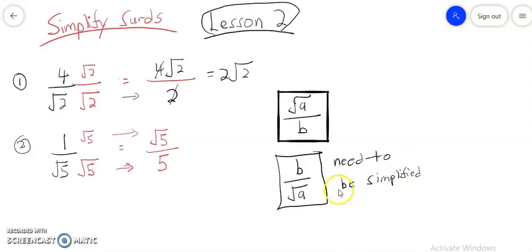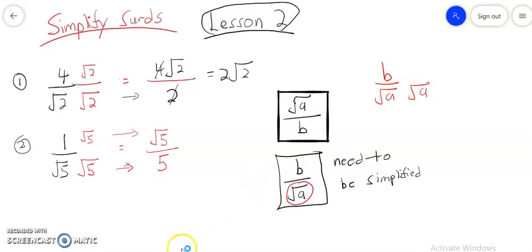Now how do we simplify this? Just simply multiply with what you have in the denominator. If you have b over square root a, you have to multiply with square root of a.